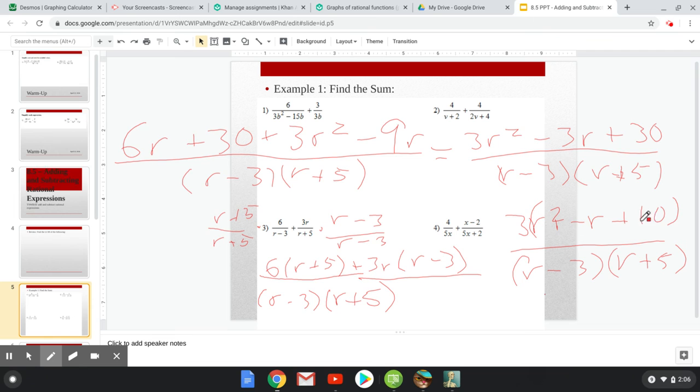So our numerator, we still have a polynomial, so we still need to see, and we still have a secondary polynomial, so we need to ask ourselves if we can factor this. Turns out you can't factor that, and the 3 doesn't cancel, so this is our final answer.